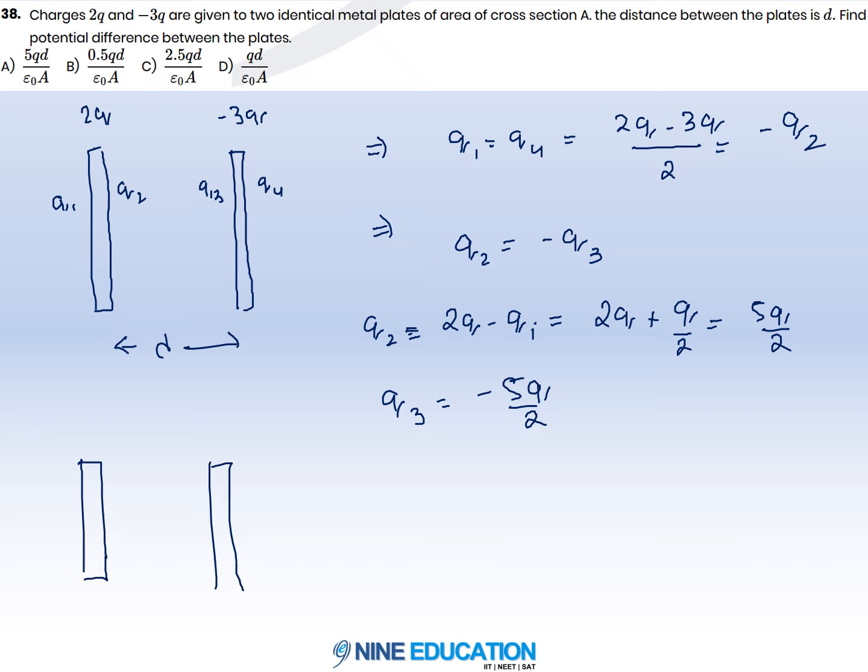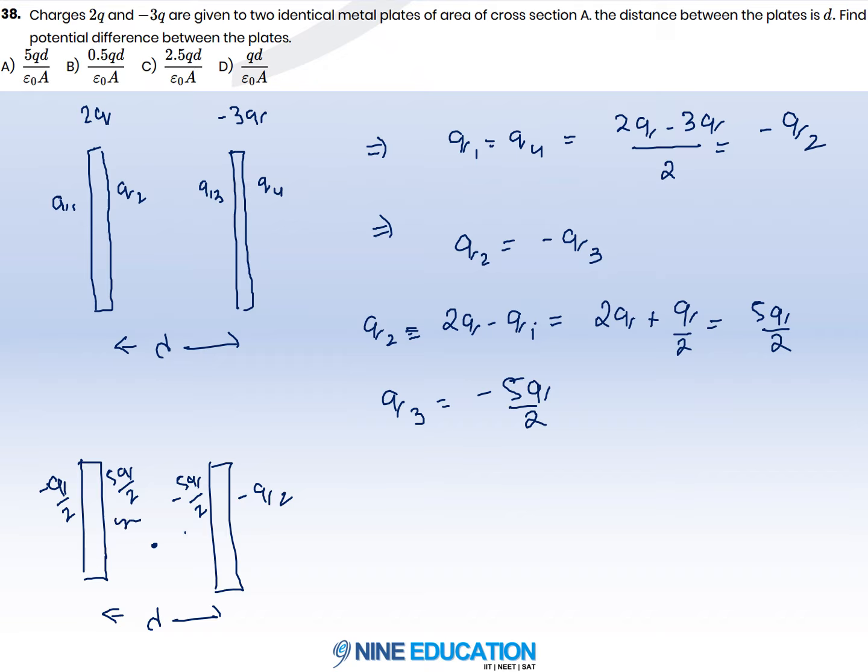On these two plates, q1 is minus q by 2, this is also minus q by 2, on this side 5q by 2, and on this side minus 5q by 2. So in between, the electric field at any point is due to the conducting sheets.